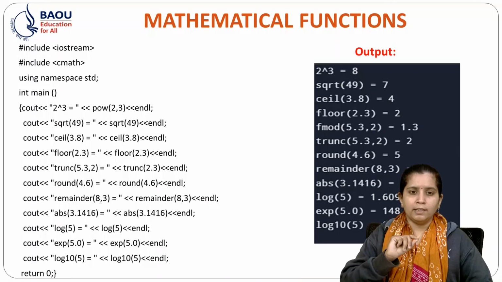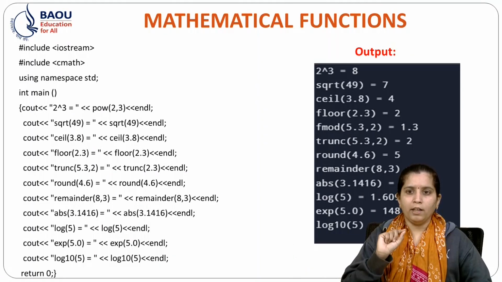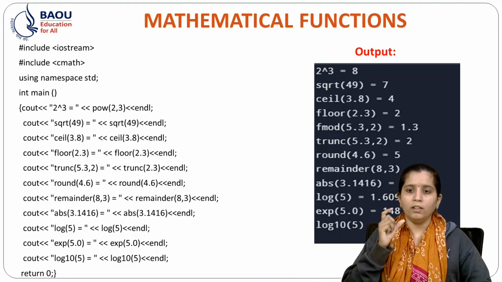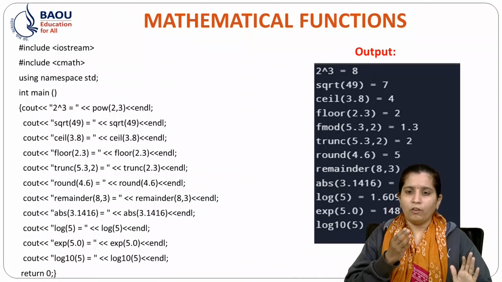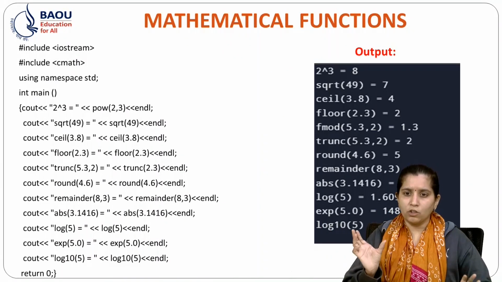So let's get back to our example. Ceil 3.8. Ceil is the ceiling function, as we know from how we use it in Excel: ceil, floor. This is how truncate works. So 5.3 and then 2. What is the truncation of it? 2. Then round 4.6. It is rounded off to 5. Why?